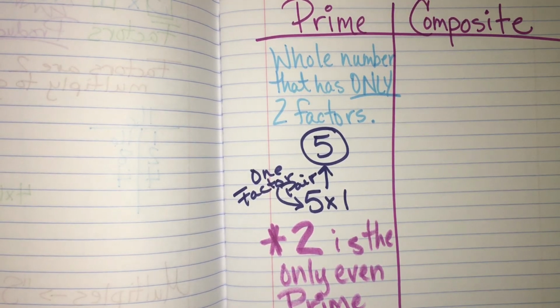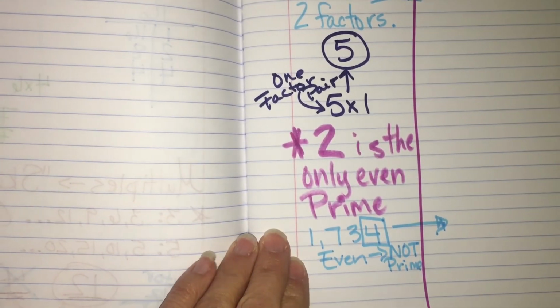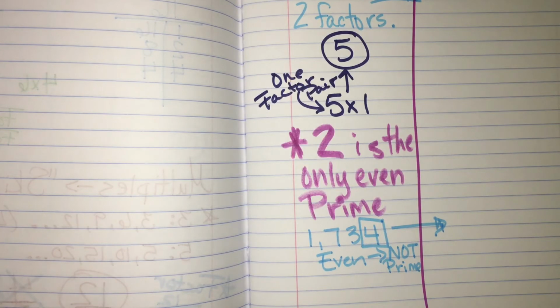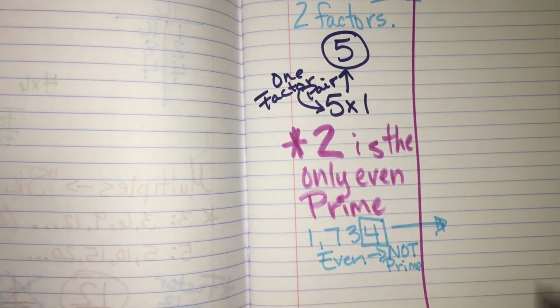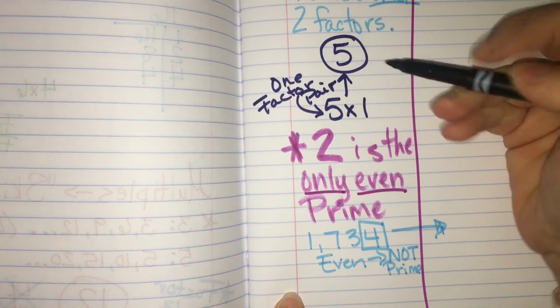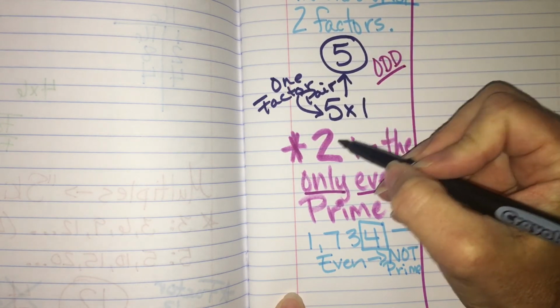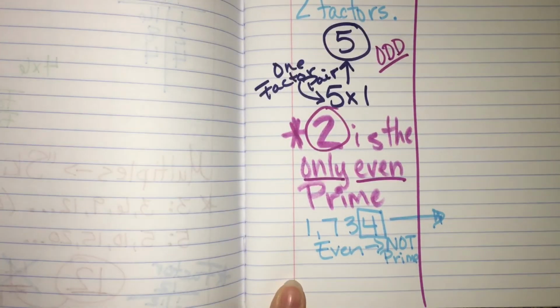There's one trick that I always tell kids to do to figure out if it's prime or composite. I'm going to move that up so you can see my notes. So I've got 2 is the only even prime number here. Prime numbers are all odd except for this friend 2.